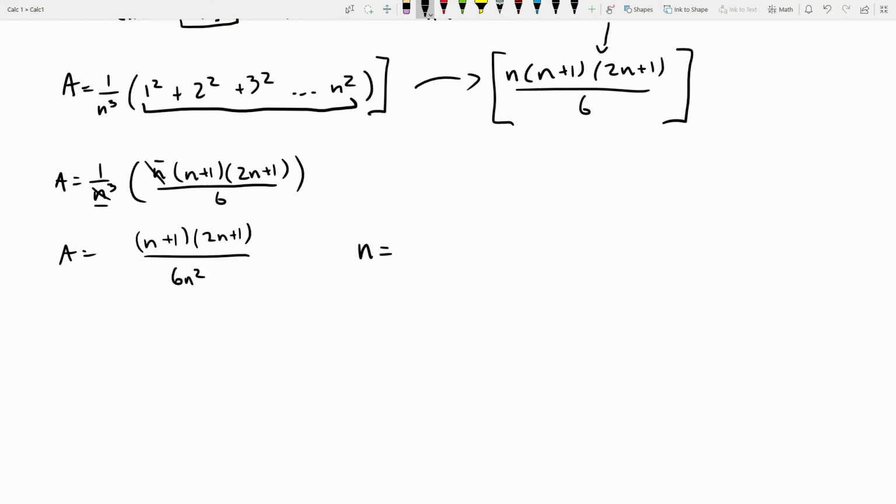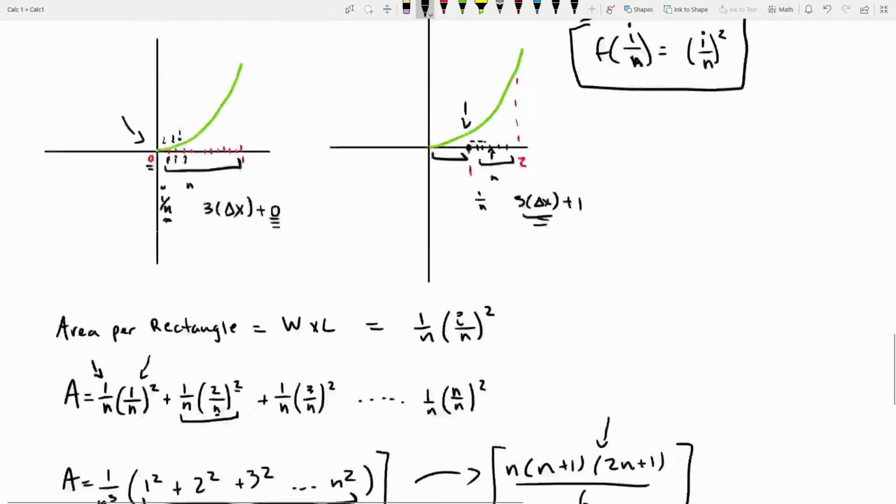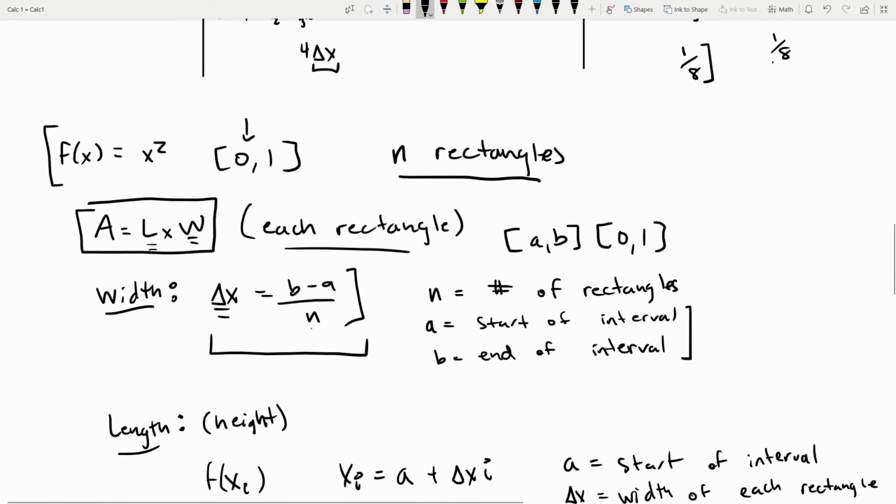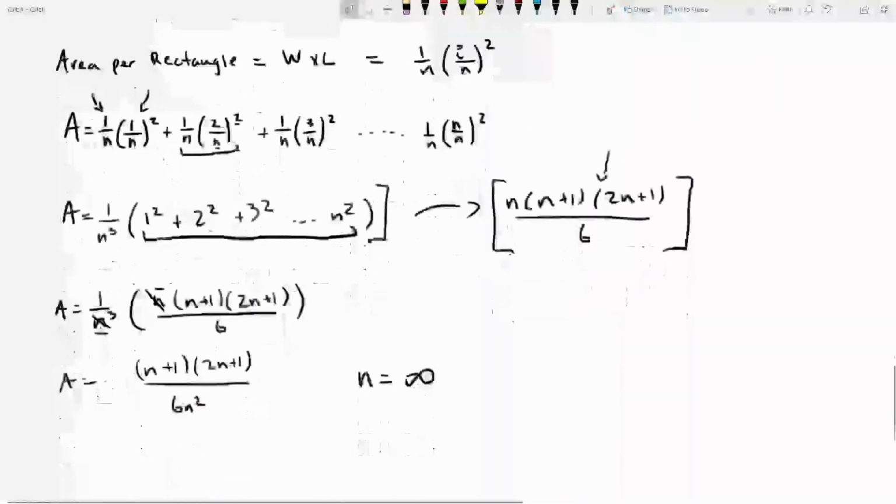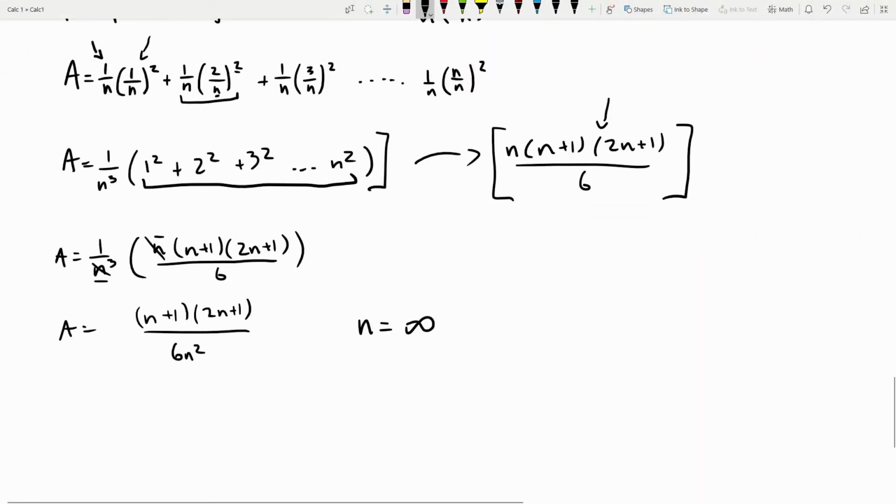So we want n as close as we can to infinity, because n is the number of rectangles, like we said right here. We said that we are going to have n rectangles, but we want them to be really, really large. We want a really big amount of them.